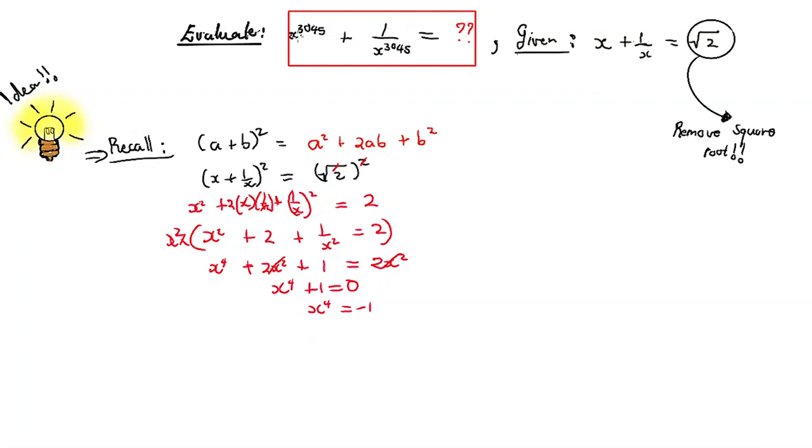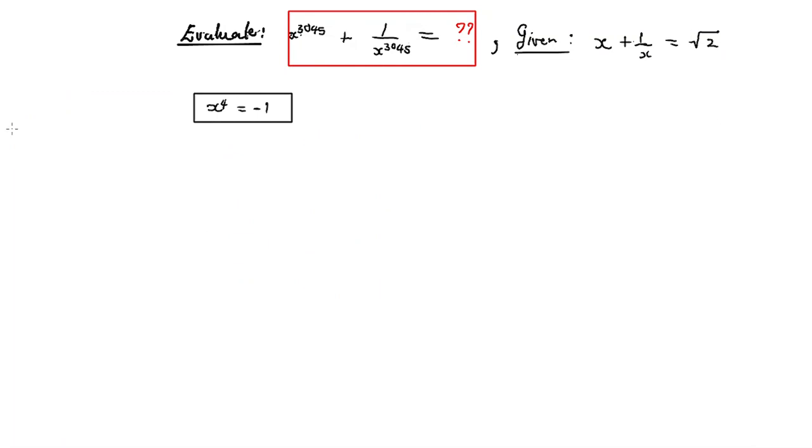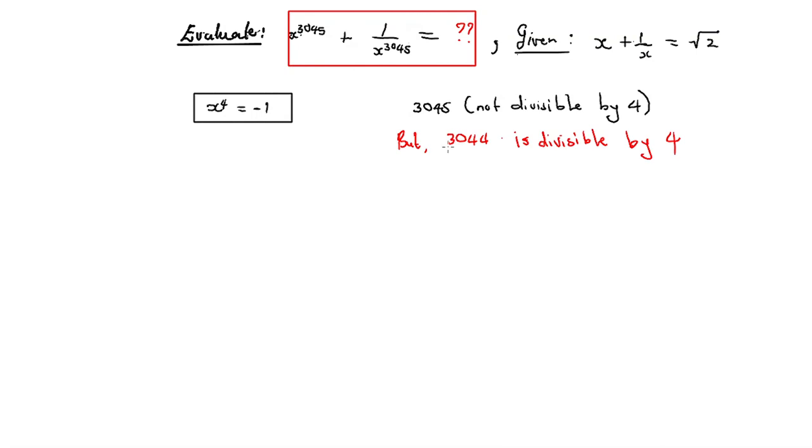Now we've calculated x exponent 4 to be equal to -1, and we cannot take the fourth root on both sides. As you can see, the 3045 exponent is not divisible by 4, but 3044 is divisible by 4, and 3044 divided by 4 is equal to 761.